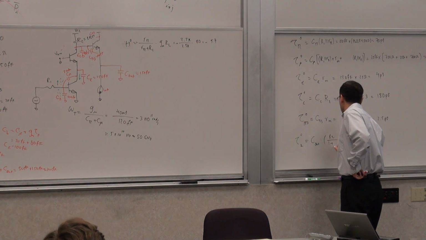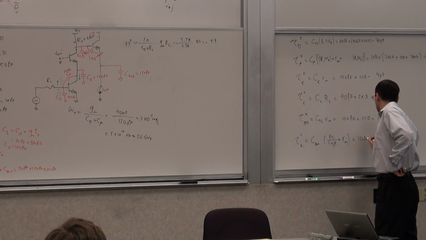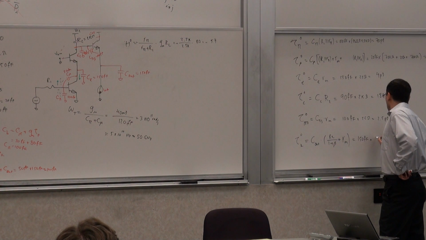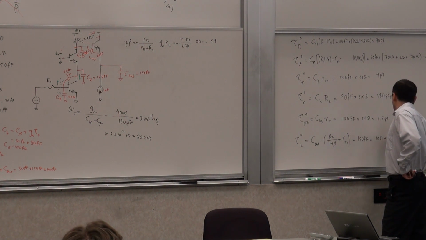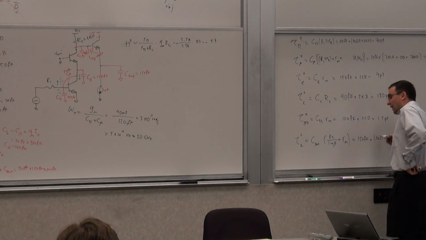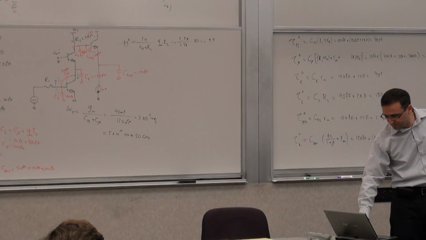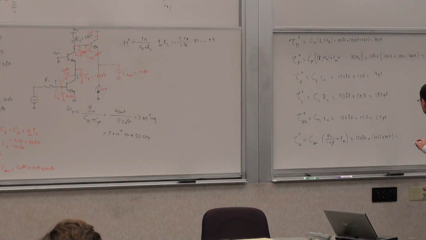So it's basically R2 divided by 1 plus beta plus Rm, which is 150 femtofarads times 20 ohms plus 25 ohms, 45 ohms, right? 45 ohms times that, it's 70%.